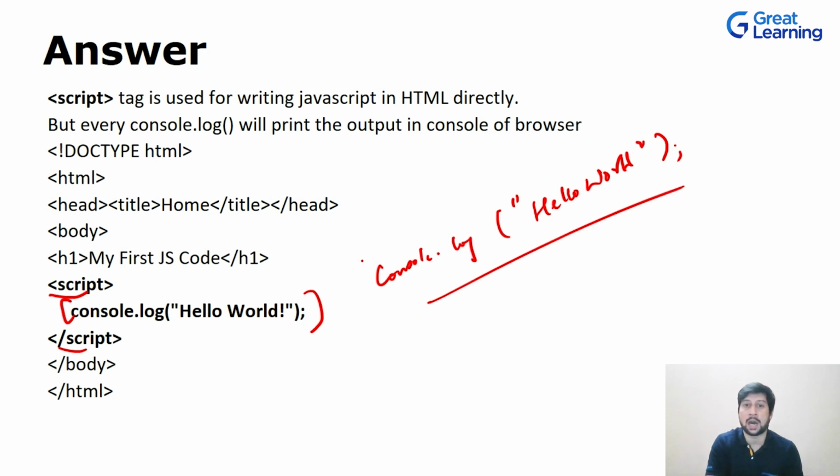Now to check where the output is, you just go either using Ctrl+Shift+I or right click and inspect and go to the console tab. So this is how you write your JavaScript code directly in your HTML file, and the console.log statement that you see over here is nothing but printing the output on the console.